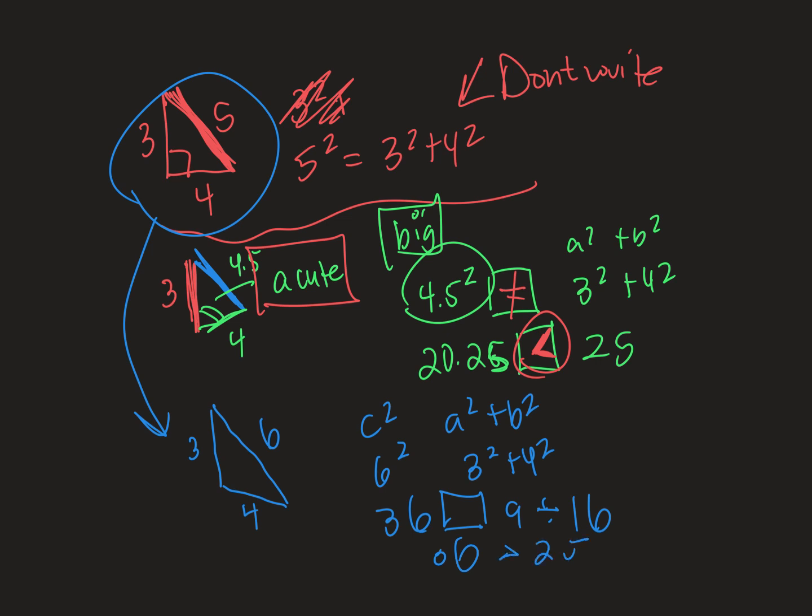So notice when we had the greater than symbol, this was obtuse. Okay, sorry about that. My pen wasn't charging. So when c squared is more than a squared plus b squared, then this is an obtuse triangle.